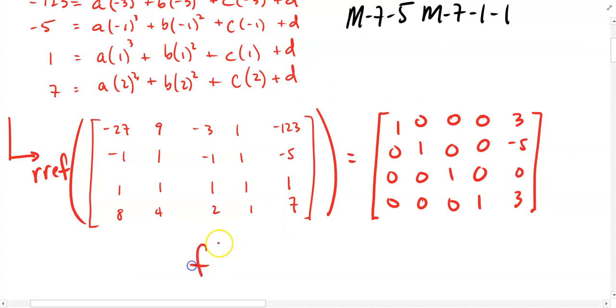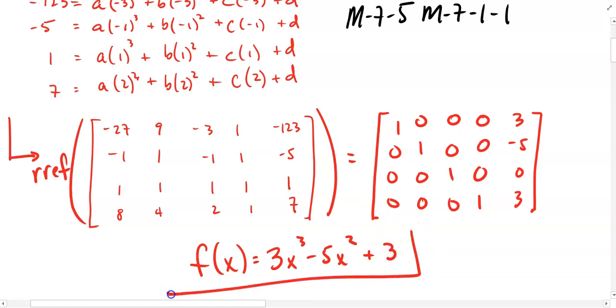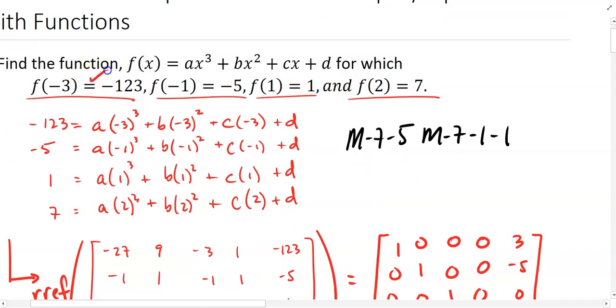I think we can now report that f of x is equal to 3x cubed, 3 was the A value, minus 5x squared, plus 0x, you could write that if you want, but I'm not going to, plus 3. And this apparently is the cubic function that has all of these coordinates associated with it.